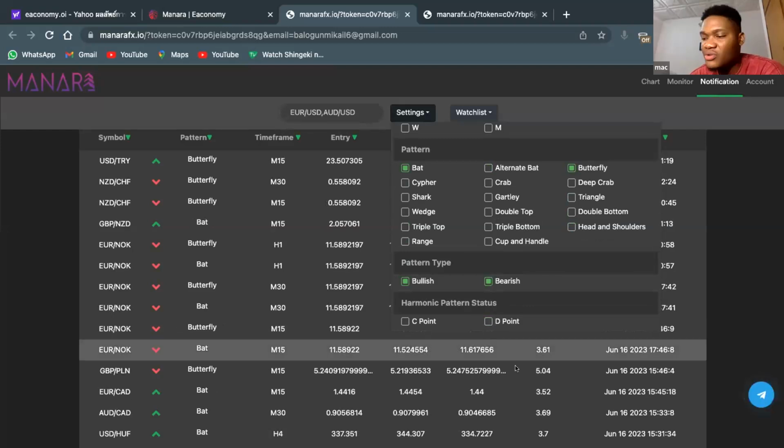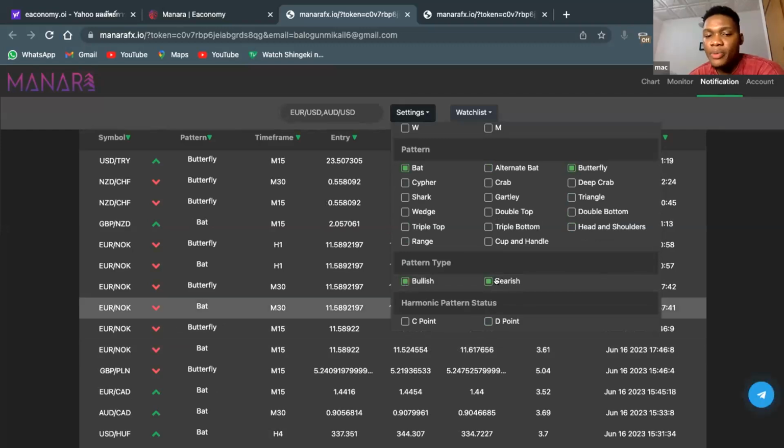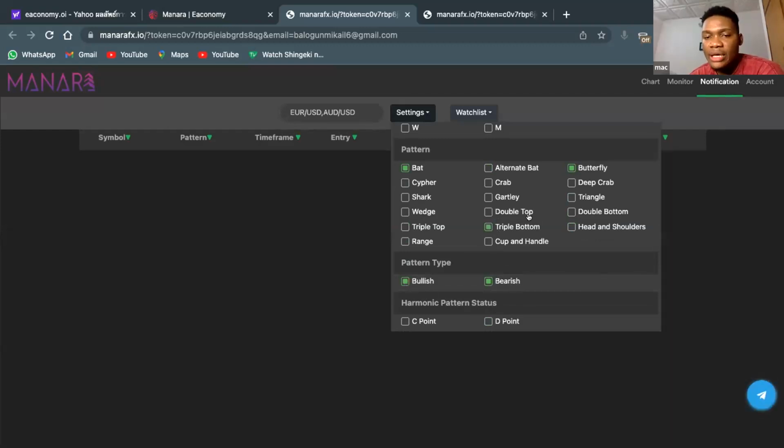This will be on bullish and bearish. Bats and butterfly only, and then I'm good to go.